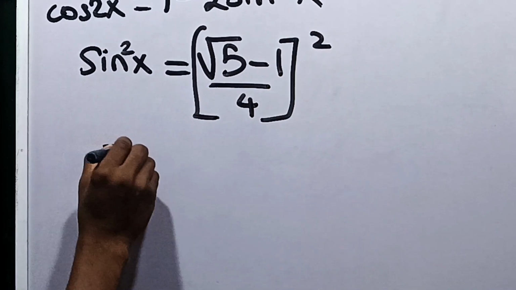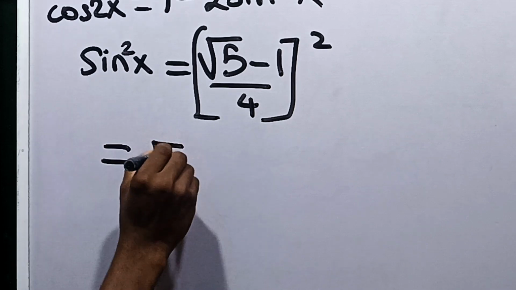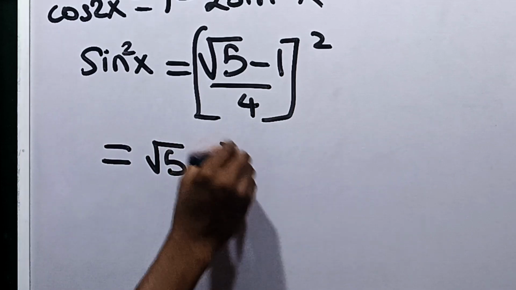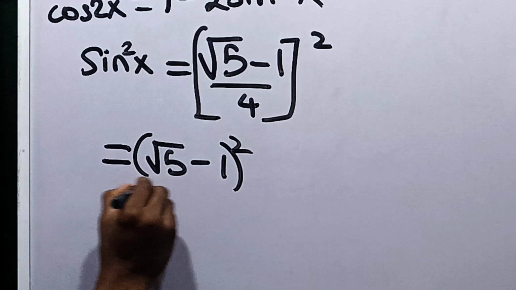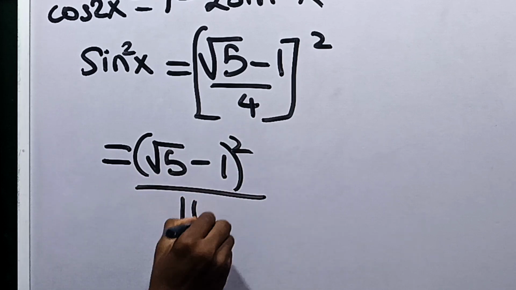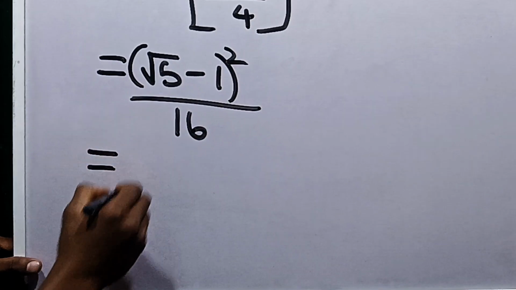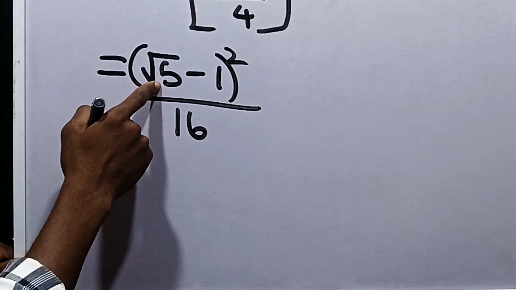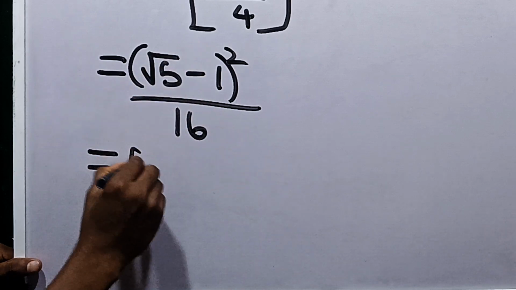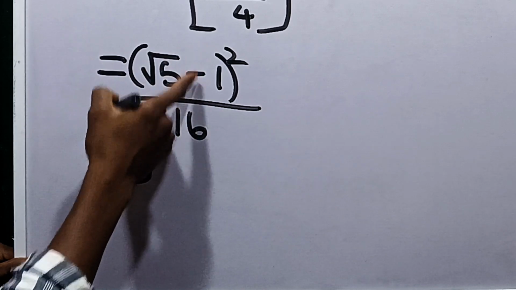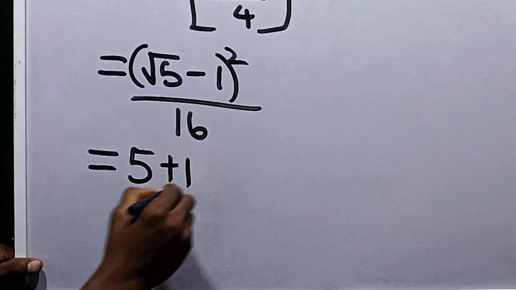Now we have that this is equal to root 5 minus 1 all squared divided by 4 squared, which is 16. And this is equal to root 5 squared is 5, minus 1 squared is plus 1.